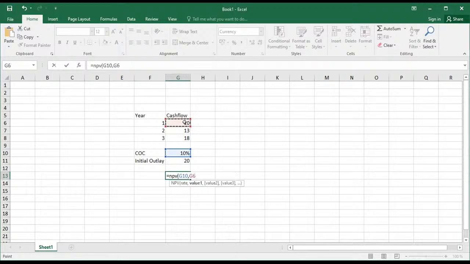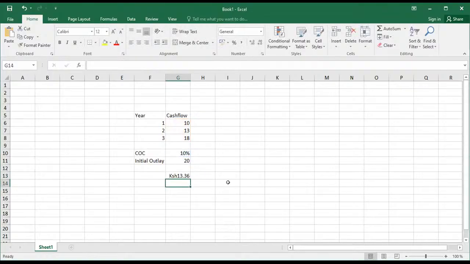Highlight down to 18. Close bracket. Minus the initial outlay, which is 20. Enter. It's coming in Kenya shillings. Highlight it first, and go to the currency. We don't want currency, we want a normal number. Just the number.